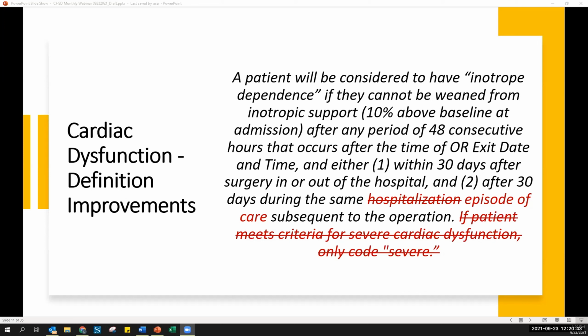And so now you have 2 different time points after surgery where 2 different complications occurred. And so that's where the conflicting statements ended up in the definition. And so I think that we're going to continue to allow people to code one or the other or both to address this. So you'll see that the last statement there, only code severe, will be removed. Next slide.